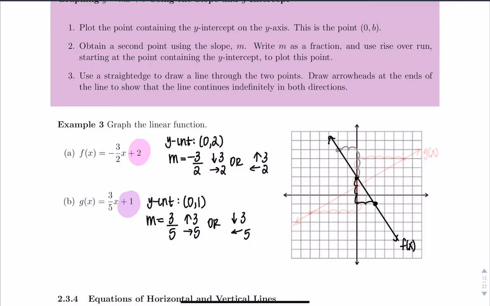So let's go ahead and plot this in a different color, starting at 0, 1. We're going to go up 3 units, and then go to the right 5. Or we can go down 3 units and go to the left 5.